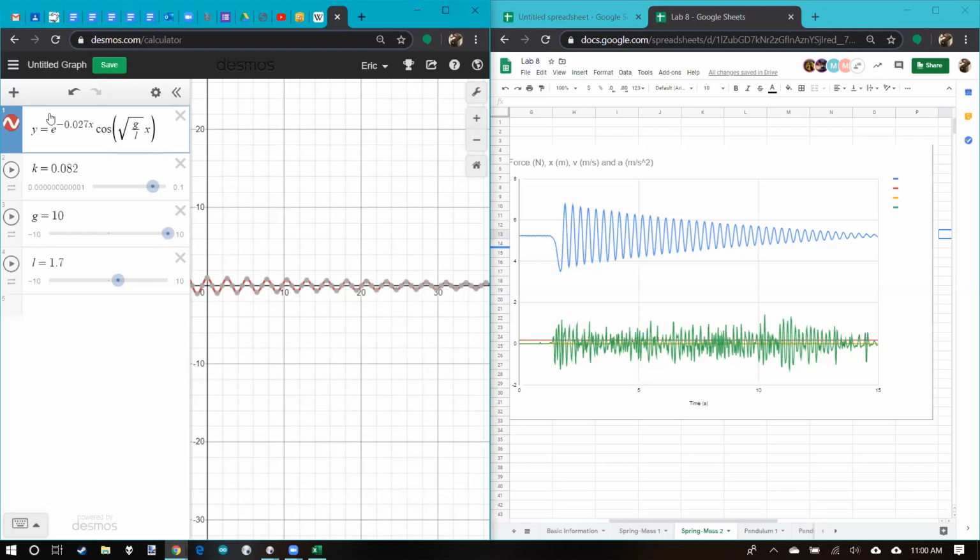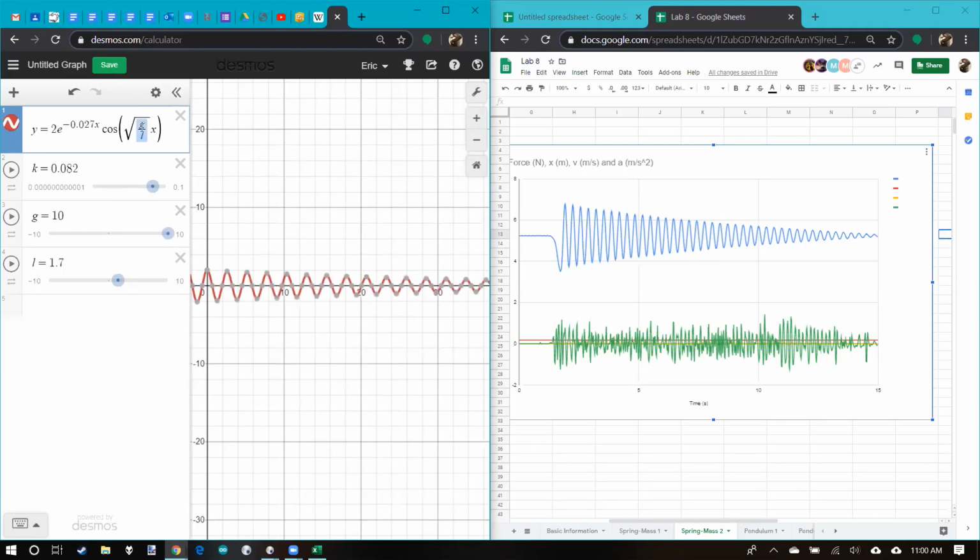Okay, so there's our damping constant. And let's see here. This is reaching a peak of 6. The middle number is 5, so this is an amplitude of about 2. So I'll multiply this lead term here by 2.